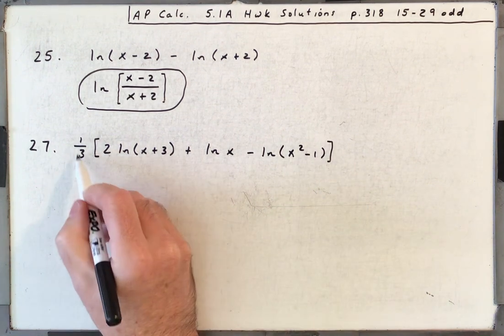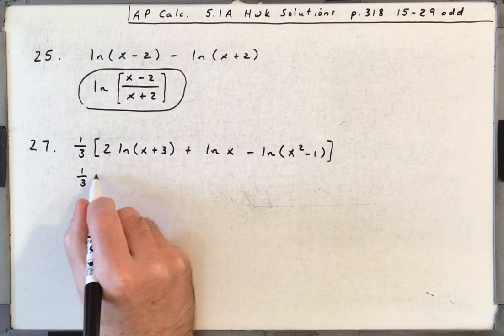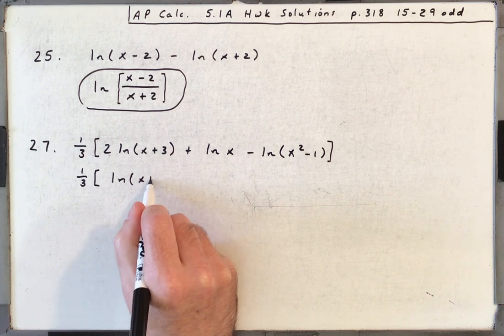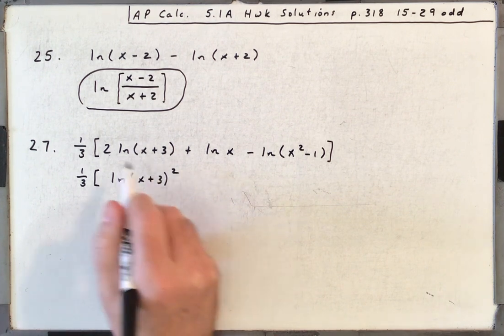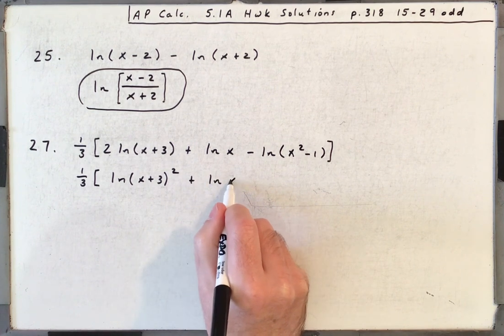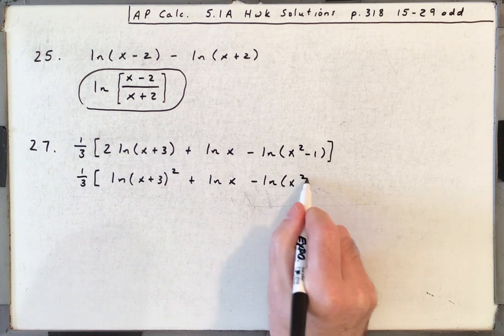Okay, I want to do the 1/3 last. So we're going to hold that off. Let's go ahead and take care of the coefficients first. So that's natural log of x plus 3 all squared. I'm taking that 2, make it into an exponent. Plus natural log of x, and then minus natural log of x squared minus 1.